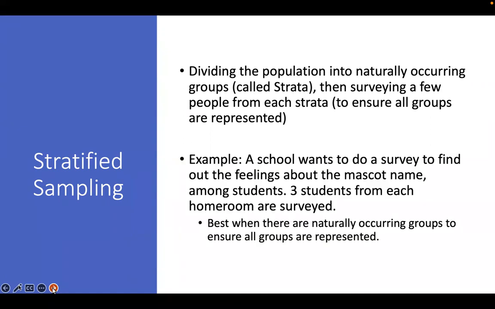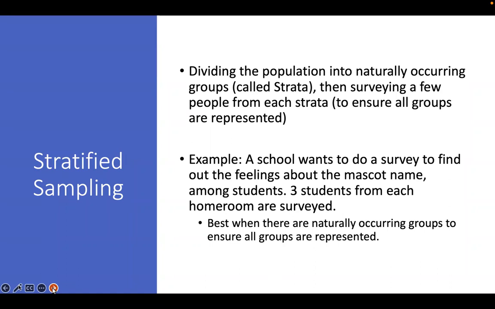For example, a school wants to do a survey to find out the feelings about the mascot name among students. 3 students from each homeroom are surveyed. All right, so if you think about a high school or whatever school, doesn't really matter, usually schools have a homeroom, right? Students start in a particular classroom, and these are naturally occurring groups. So the strata would be each one of these homerooms, and then they survey 3 people from each homeroom.